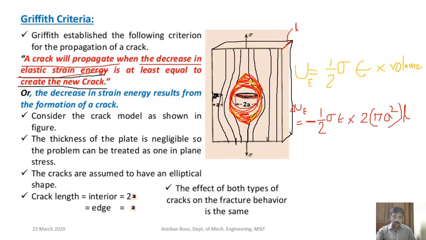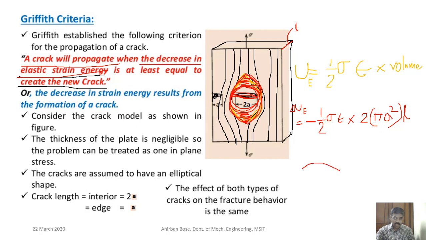Now, because of the formation of the crack, what will happen? When the crack gradually grows, what is actually happening? New energy is required because new surfaces are developing. If there is no crack, no new surface was there.